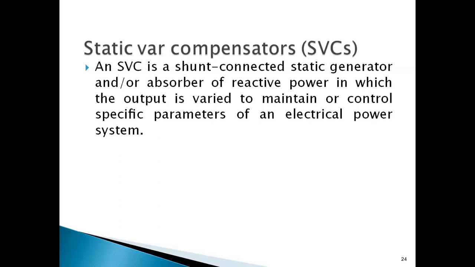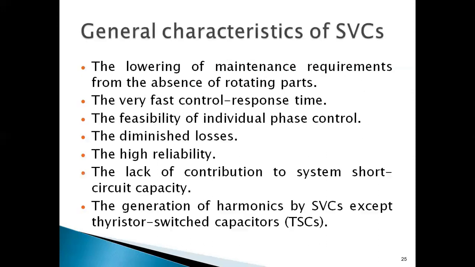Based on the equation I have, do you remember what those three parameters are? Yes. One is voltage magnitude, another one is delta, and another one is reactance. So those parameters are being coordinated or controlled. That's why it is written that the output is varied to maintain the specific control parameters of an electrical power system. This is the definition for the static var compensator.